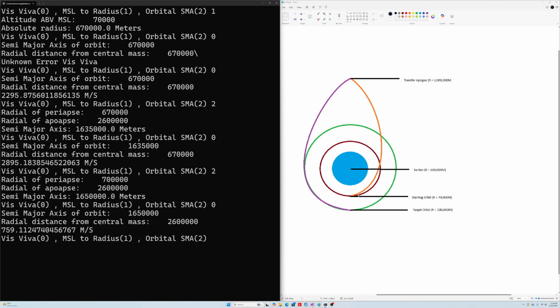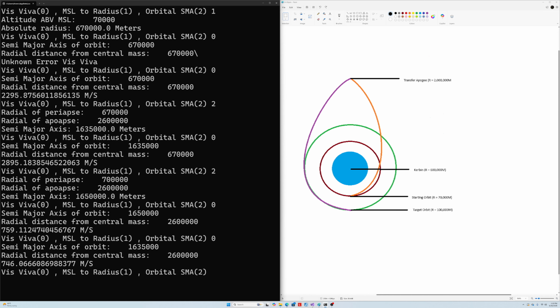So we will perform another vis-viva equation and pass the semi-major axis of 1,635,000 meters at a radial of 2.6 million meters to see the velocity we would have approaching our apogee is about 746 meters per second.